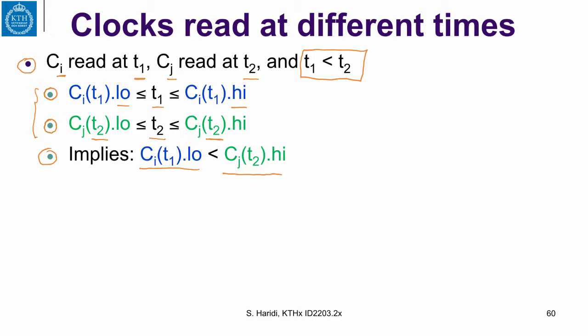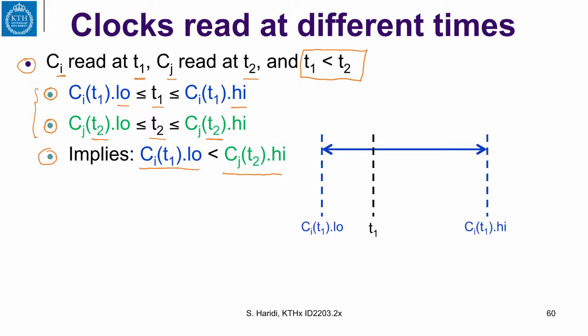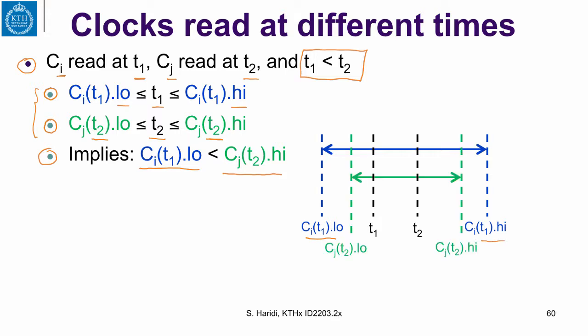To see this inequality, you can first see it here in a picture. So this is the picture of the first clock, and this is the picture of the second clock. And we're saying that if t1 is less than t2, then the lower bound of the first clock is less than the higher bound of the second clock at time t2.